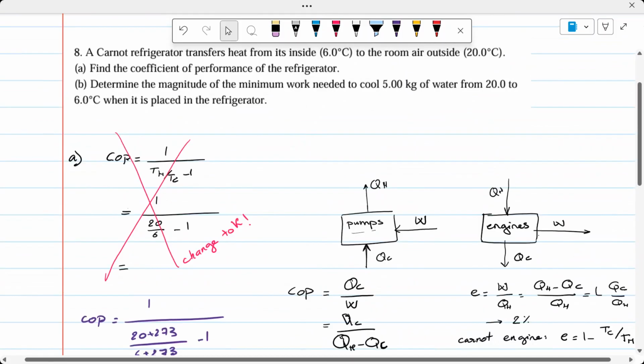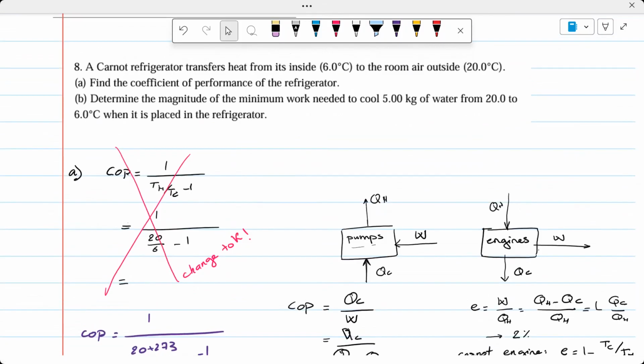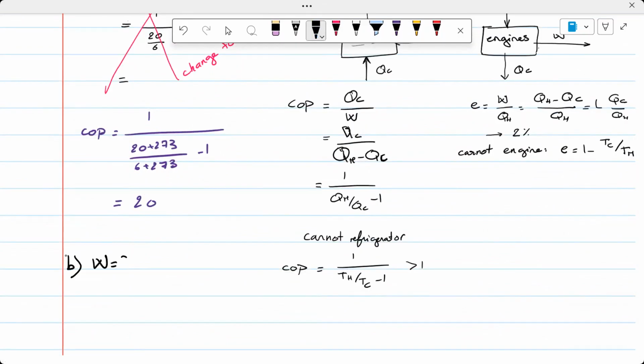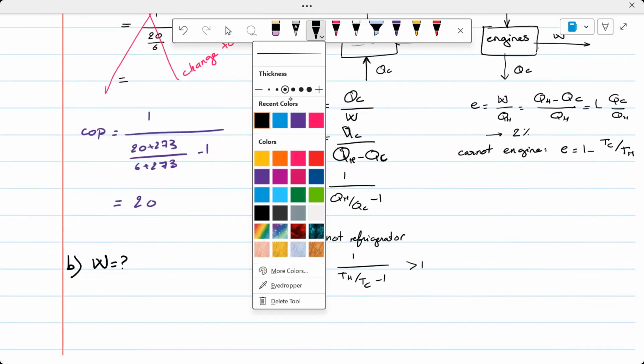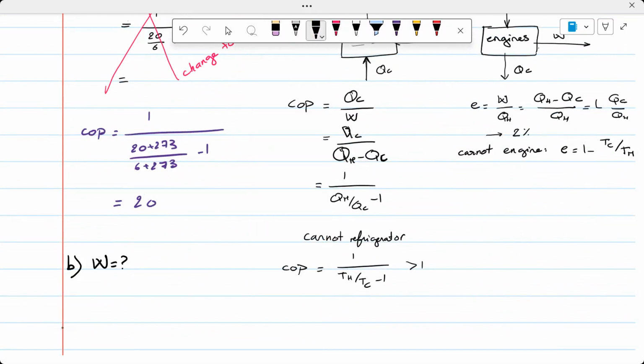Part B, find the magnitude of the minimum work needed to cool 5 kilograms of water from 20 to 6 degrees Celsius when placed in this refrigerator. So we want to find the work needed. It's Q over coefficient of performance.